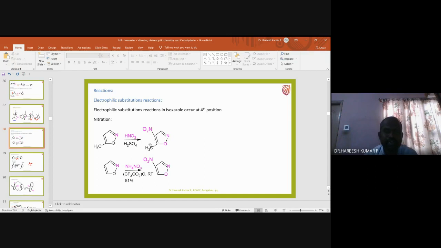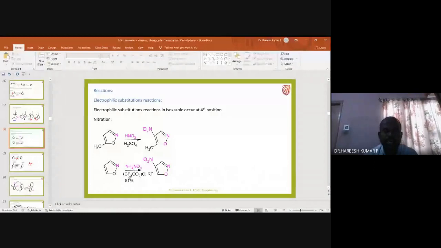Otherwise, you can say that 5-methyl isoxazole undergoes nitration with nitrating mixture and gives 5-methyl 4-nitro isoxazole as the product. So here one more source of nitronium ion is ammonium nitrate. Ammonium nitrate also acts as a source of nitronium ion, NO2 plus.